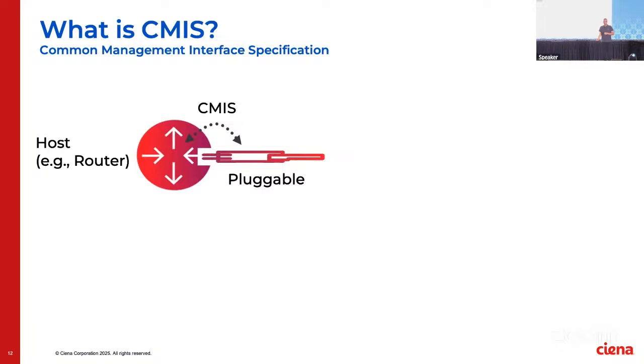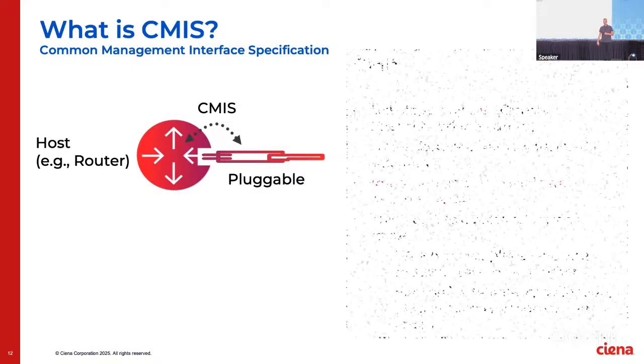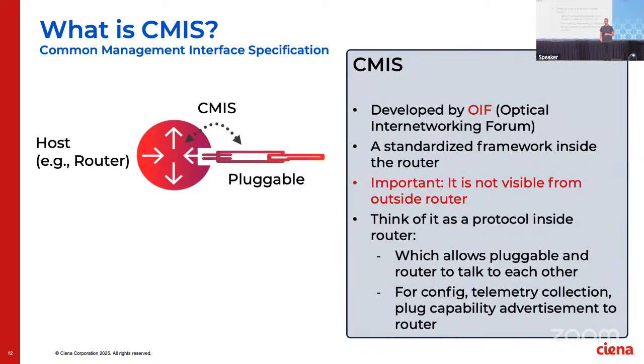So starting from the router relationship to the pluggables. Mark talks about OIF. OIF developed this, quote-unquote, protocol, the CMIS protocol, which is basically internal to the router. When you put a pluggable inside the router, they talk to each other through that channel. It's memory-based.